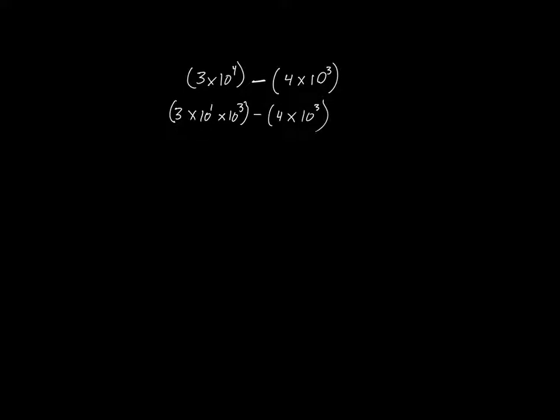Just rewrite the rest. Now that we have that, I'm going to expand this. The left side is going to give me 30 times 10 to the third power minus 4 times 10 to the third power. I'm going to remove that inside parentheses.